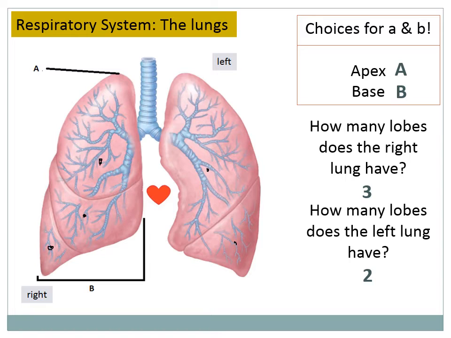So if you can remember, the heart and the lungs are going to have a little bit of similarity, where you have 3 lobes on the right and you have 2 lobes on the left, just like the right side of the heart had the tricuspid valve and the left side of the heart had the bicuspid valve. Hopefully that's something that can help you remember that.